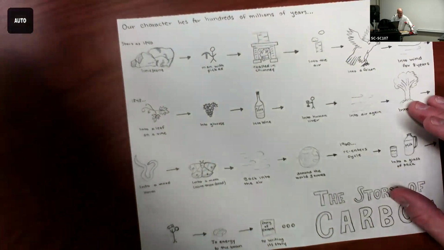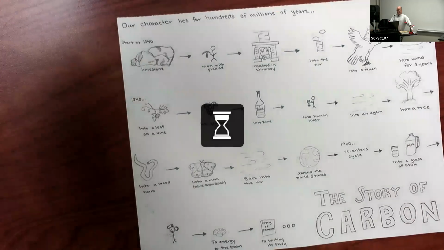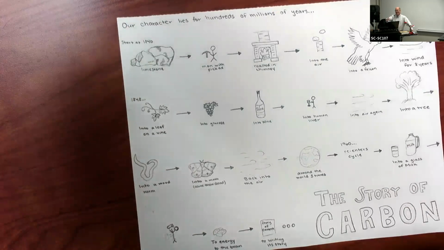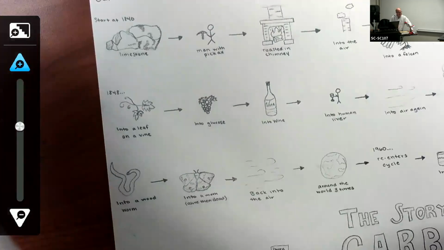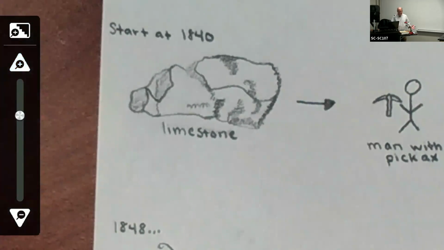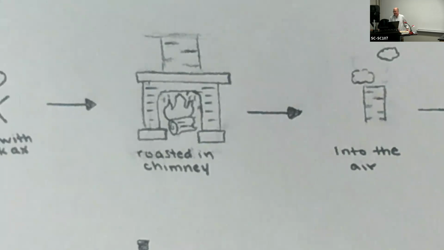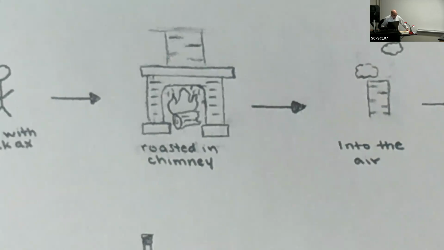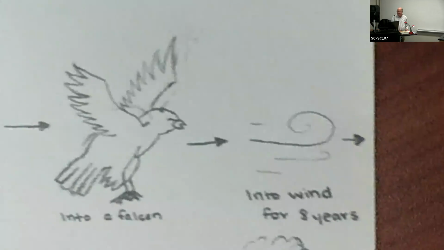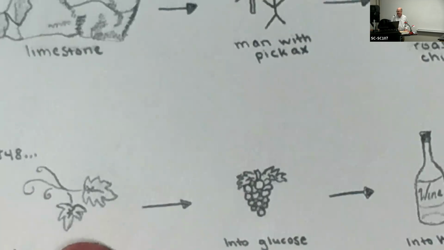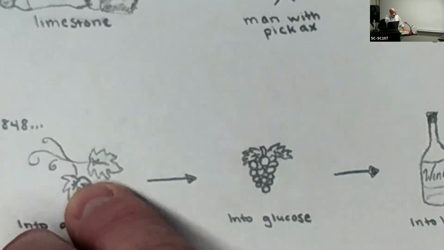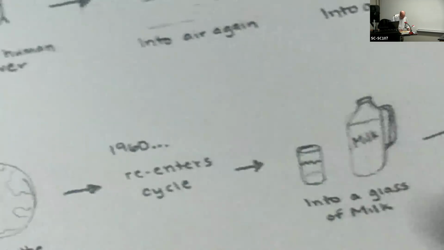Oh, wow. Way better than yours, Ben. I thought this was pretty cool. Oh, I like that rock. That's a cool rock. And tell me that's not a cool looking fireplace. That's pretty awesome. Falcon. And then, oh, look at the detail on the leaves, a little ins and outs, nooks and crannies.